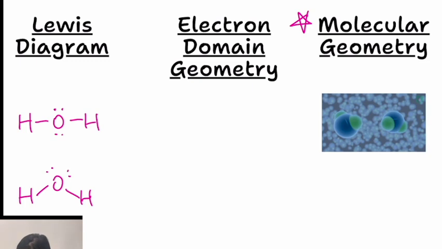Including the lone pair electrons, the oxygen is surrounded by 1, 2, 3, 4. So its electron domain geometry is tetrahedral.